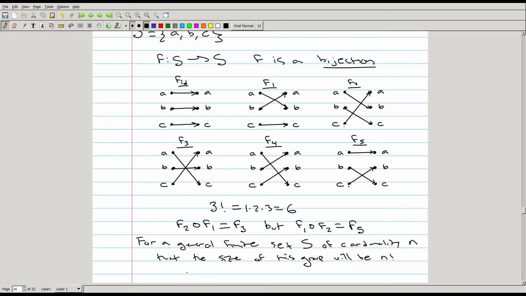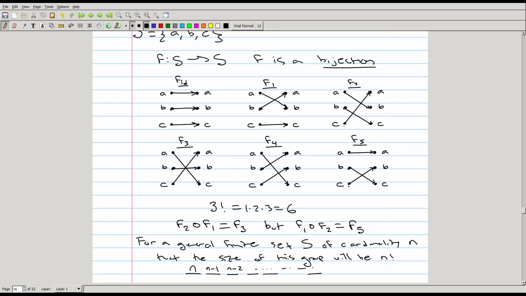And the idea here is that, well, we always have to choose a position for A, the first mapping, of which we have n possible positions to put A in. And we have n minus 1 choices for B, n minus 2 choices for C, and so on and so forth, all the way until we get down to the last element in our set.